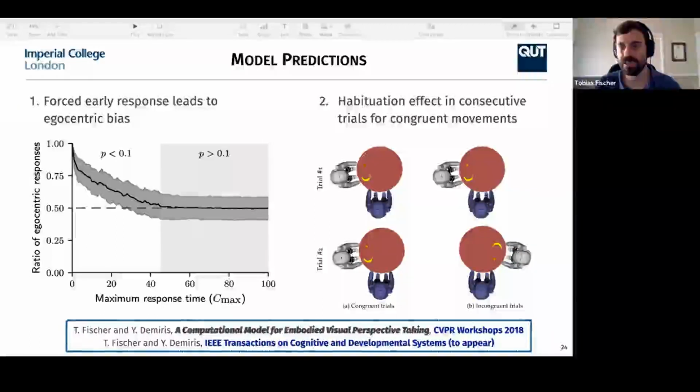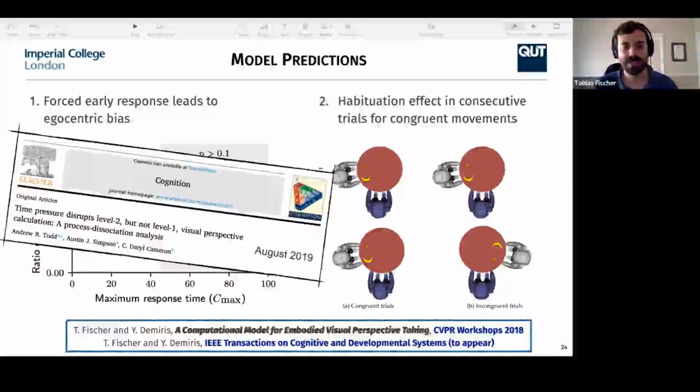So if there are those two objects, you're more likely to respond the way that you observe those two objects, which is really hard to do with humans because you can't really force a human to press a button at a certain time. However, psychologists have come up with a way of kind of a trigger of doing that, and that was post the time we published the paper, and they've shown that this is actually the case. So that was really nice to see.